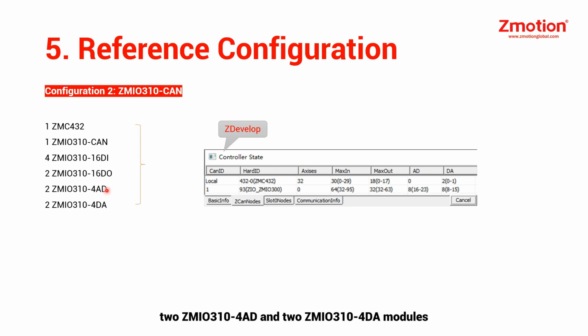ZM-IO3104AD and ZM-IO3104DA modules. Also, connect to the controller through ZDevelop. Open the controller state window. It can be seen the ID is 1. There are 16 expanded digital inputs, 32 digital outputs, 8 analog inputs, and 8 analog outputs.